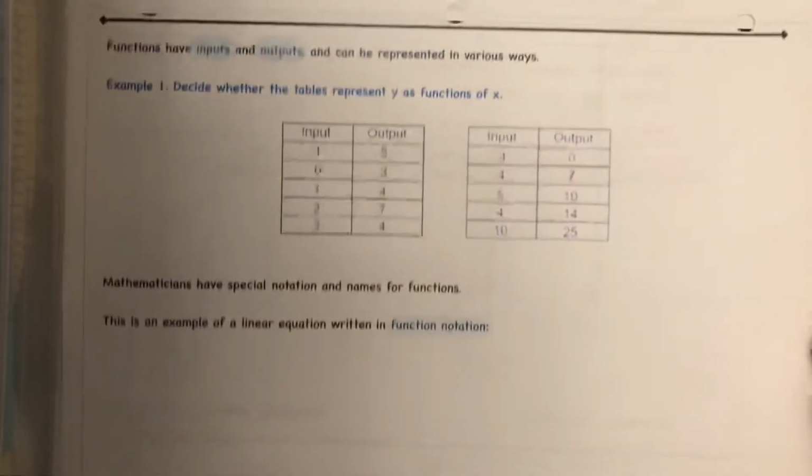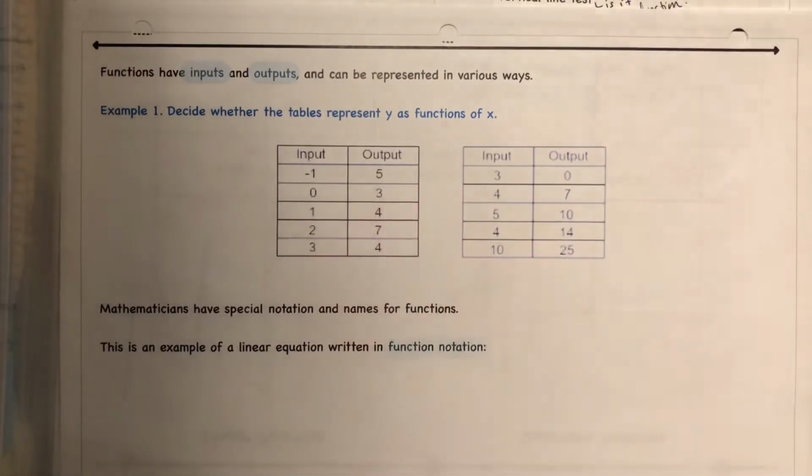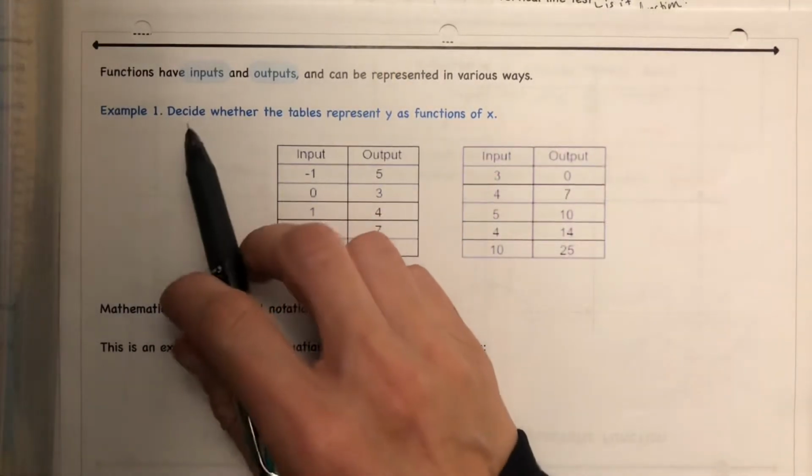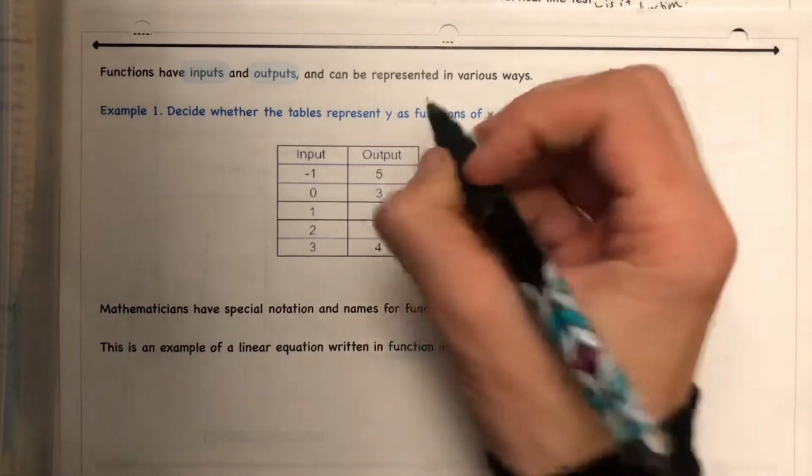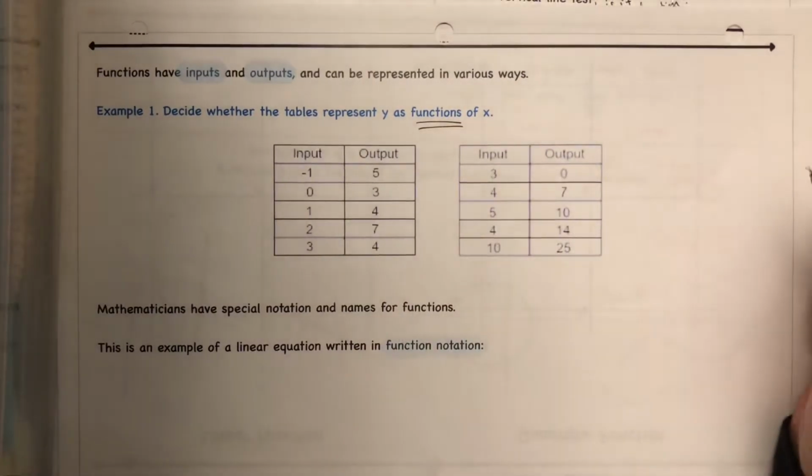The second place you might see functions is in tables, and when functions are in tables, we can still test for them. This is example 1. It says decide whether the tables represent y as functions of x.